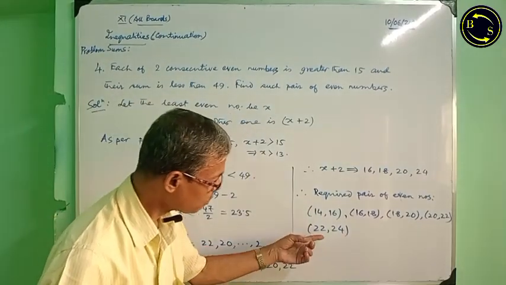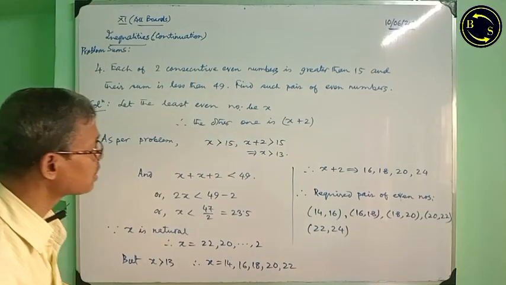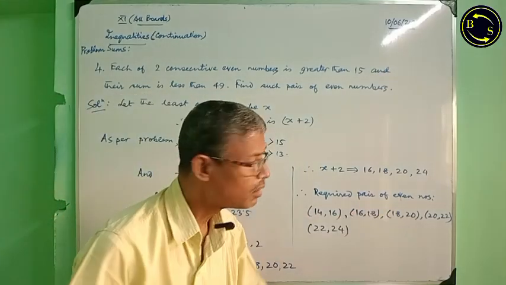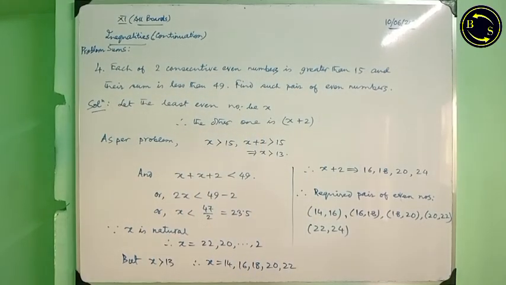We check for the last one. Sum is 46, that is less than 49. Therefore, these are the required pair of even numbers.